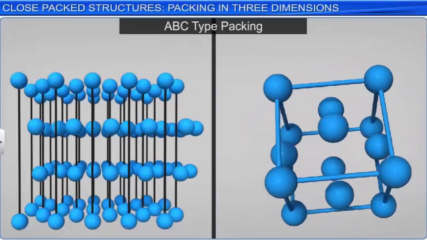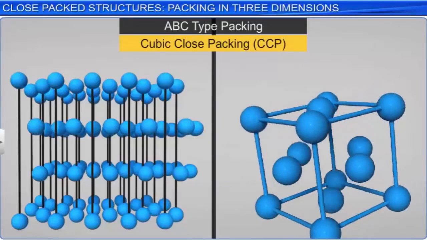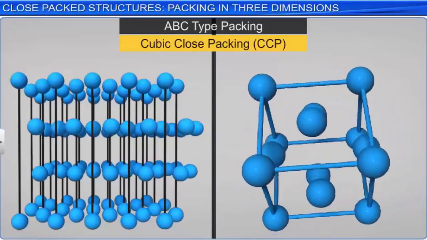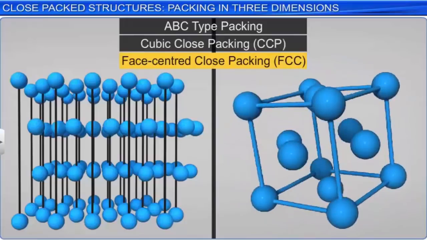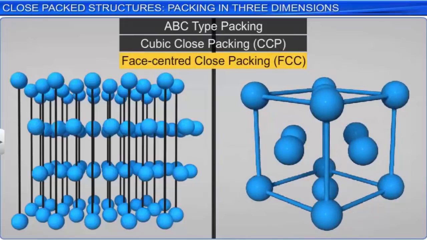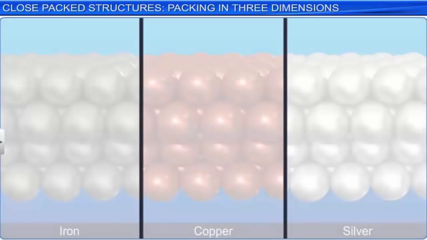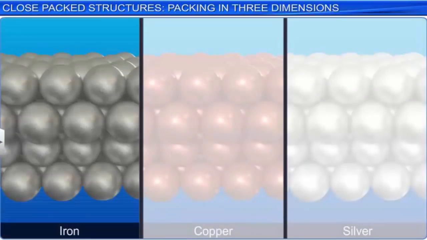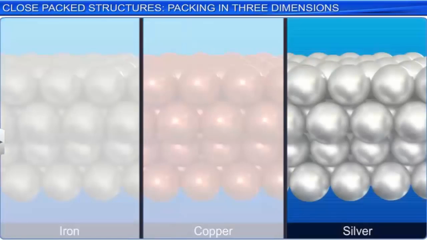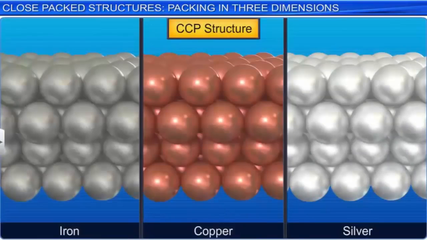It is also called cubic close packing, CCP, or face-centered cubic packing, FCC. Metals like iron, copper, and silver crystallize in CCP structures.